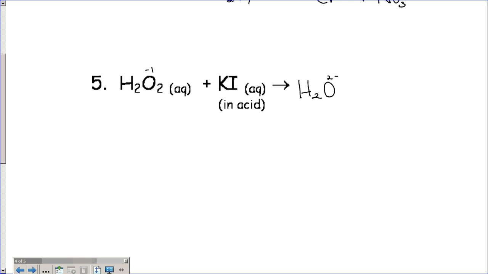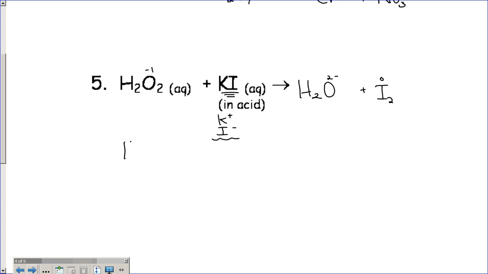So the oxygen is reducing, which means we need something here to oxidize. We know that potassium under no circumstances can oxidize. It's already at +1. It cannot oxidize any further. That will not happen. As a matter of fact, it will not reduce either. So then we have iodide ion, which could oxidize to its elemental form of the diatomic iodine gas, and that would be the best choice there.